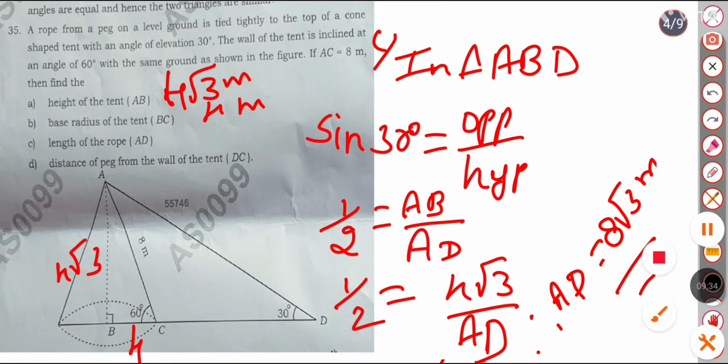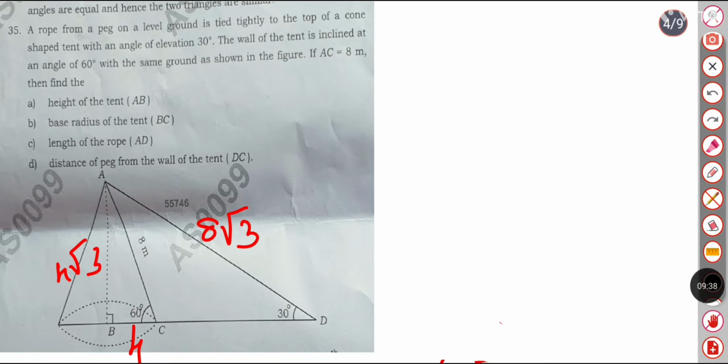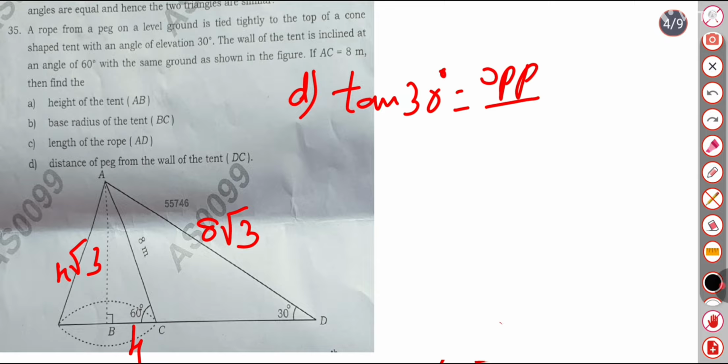Next, the last one, DC, we have to find out. To find DC we can use cos, that is adjacent by hypotenuse, or tan, opposite by adjacent. Any one we can use. I'll use tan. So tan 30 is equal to opposite by adjacent.